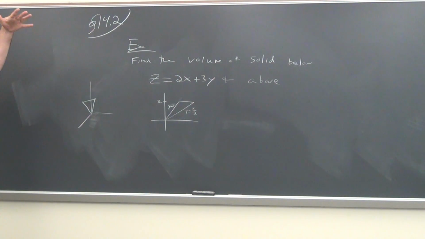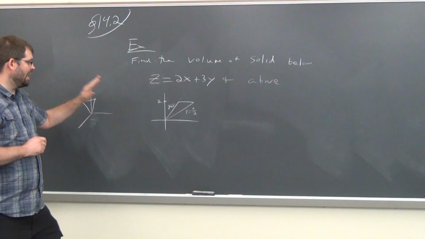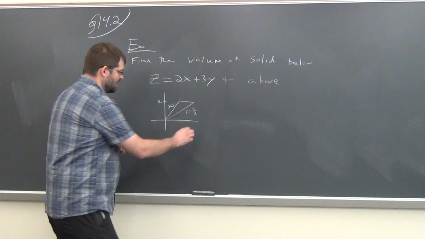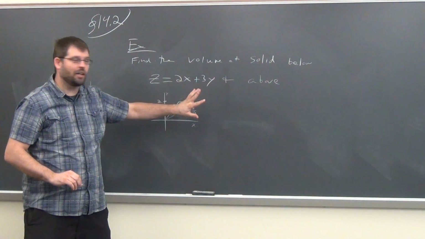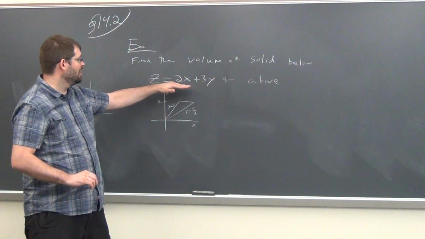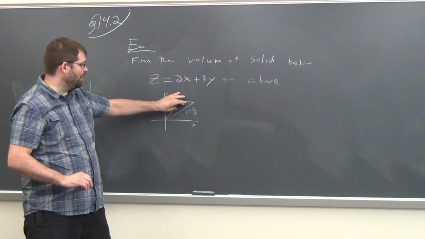As x and y grow, it's going to be positive. So all we really care about is that it's up above here. If you think of this as your x, y, and the z coming out of the board, your surface is above there. And so it makes sense to talk about the solid that lies below this and above this region.